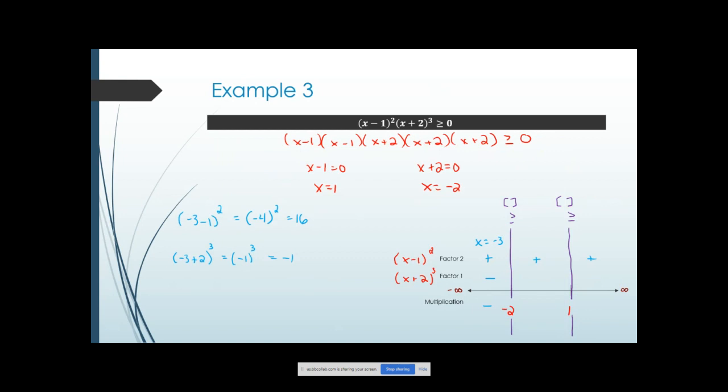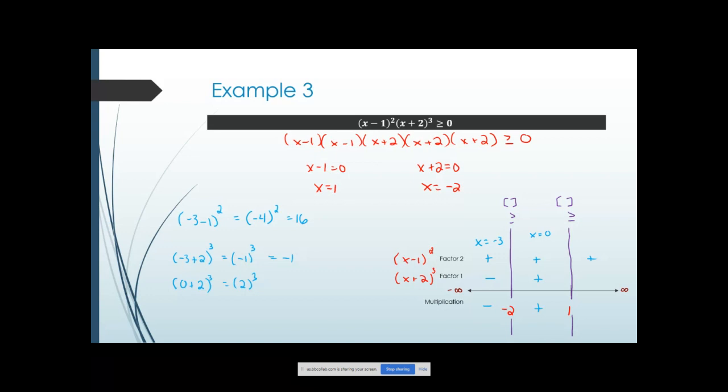So now in the middle section, I want to plug in a number between -2 and 1. So 0 is the best thing to plug in. So if I plug 0 in for x, I don't have to do it with the x plus 1 quantity squared, because I already know that's positive. So I'm going to plug it into the x plus 2 cubed. That gives me 2 cubed, and that's going to be positive out, because it's a positive inside there. And a positive times a positive is a positive.